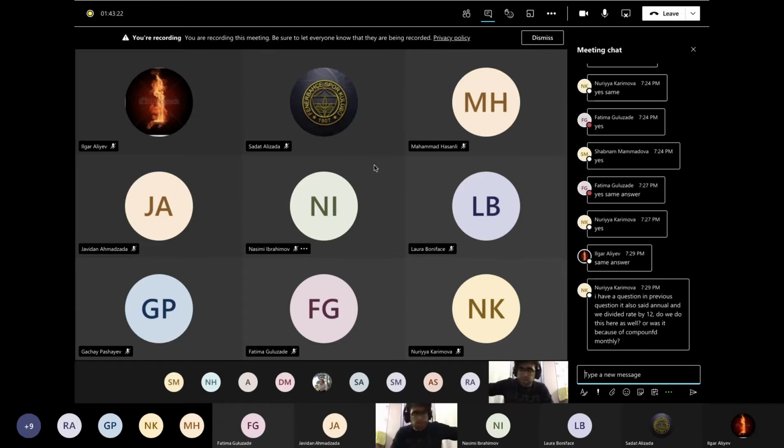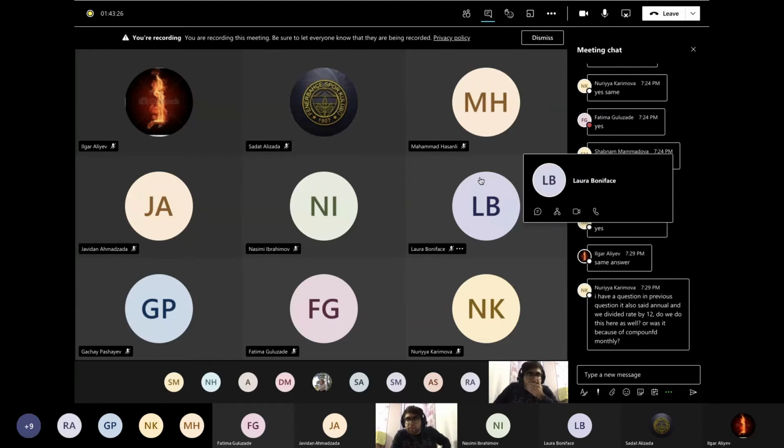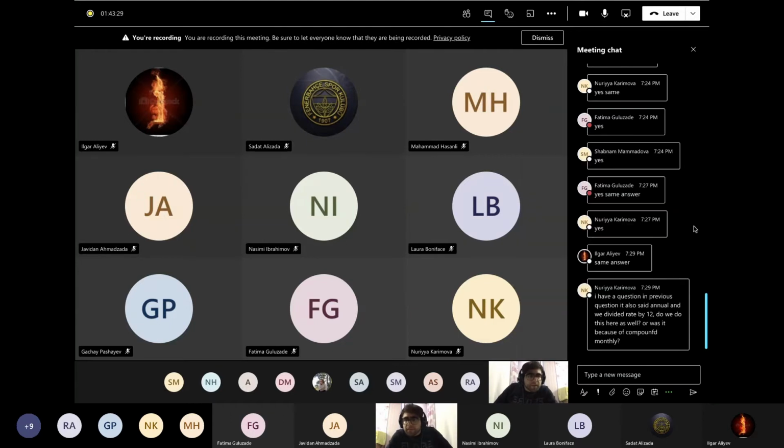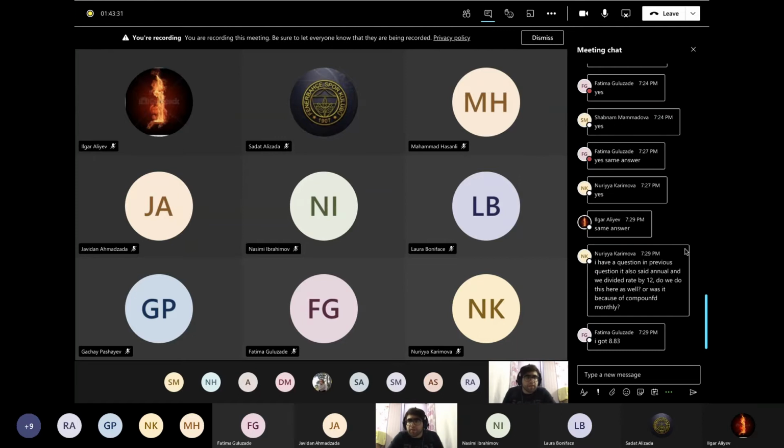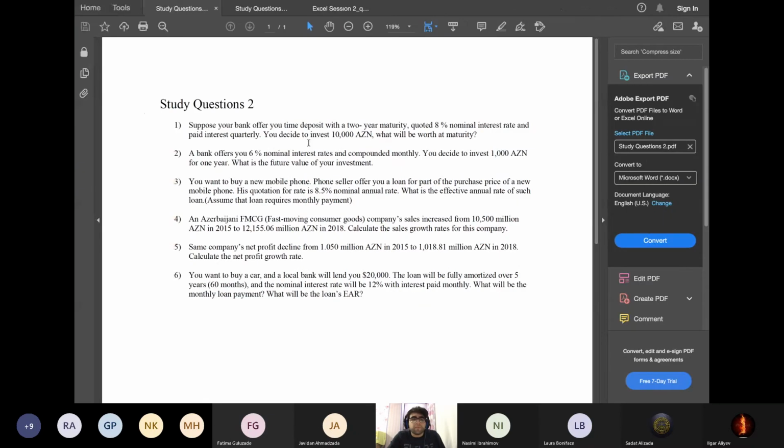No need for explanation. I have a question about the previous question. It also said annual, and we divided rate by 12. Do we do this here as well, or was it because of compounded monthly? In the previous question, it is compounded monthly, so it gave you 6% nominal interest.